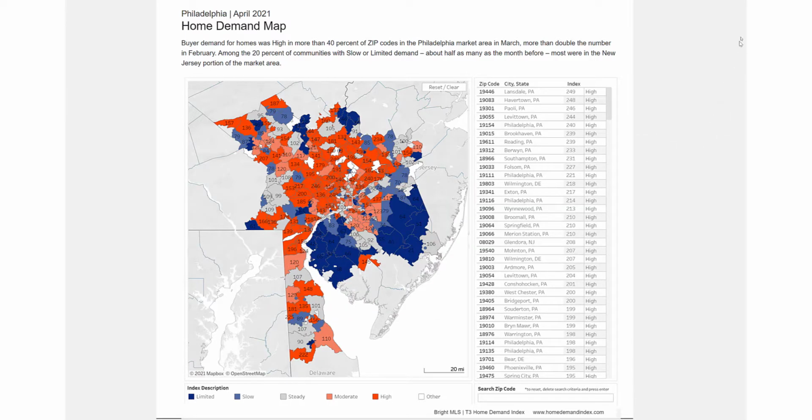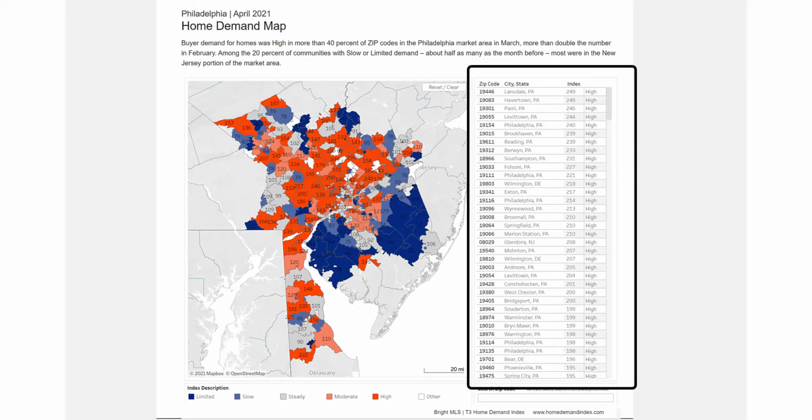In, say, a city, it may be a block-to-block difference in terms of demand. And here we're seeing that at the zip code level, you can have the highest, which is the dark orange, next to limited in dark blue. The table beside the map is sorted highest to limited in terms of market activity ratings.